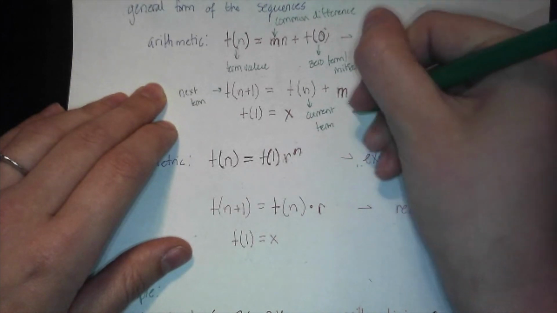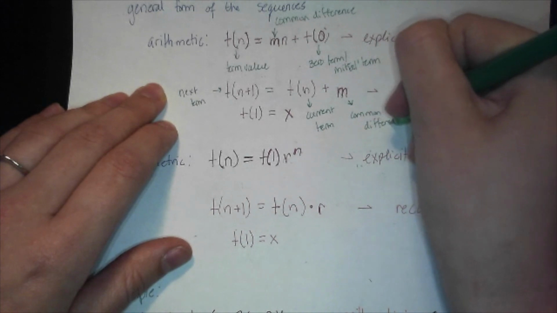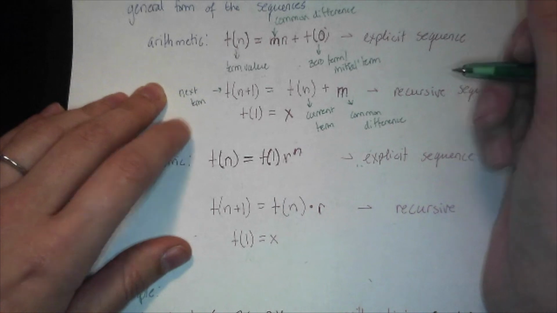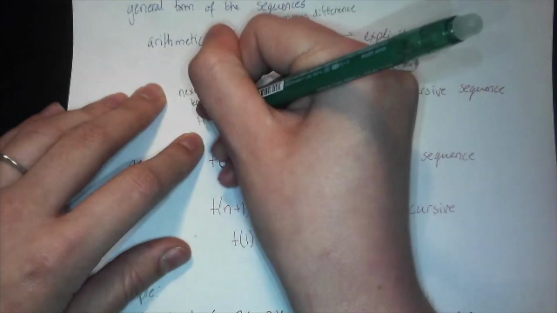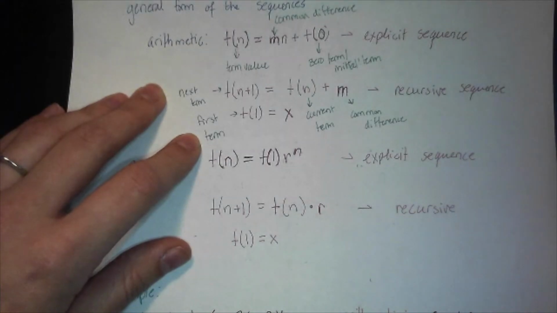M is going to be our common difference. So it's whatever we add or subtract to the previous term to get the next term. And then t of 1 is whatever our first term equals.